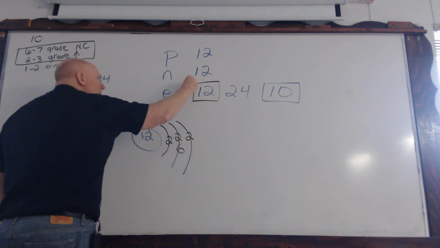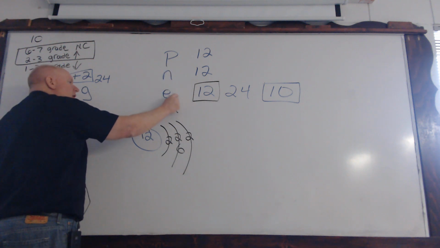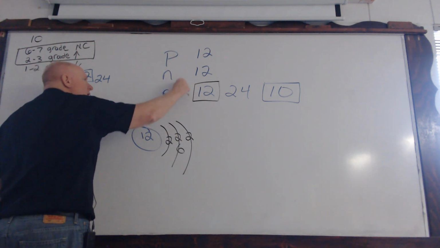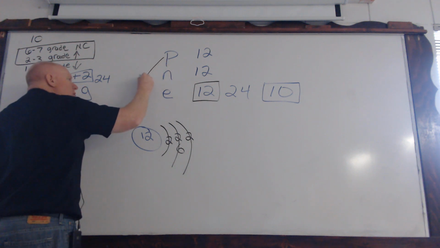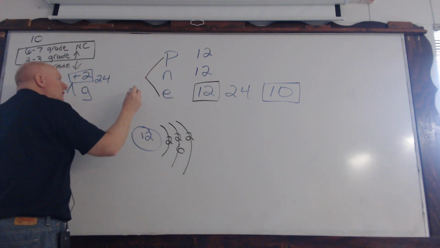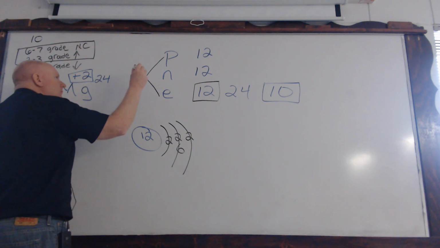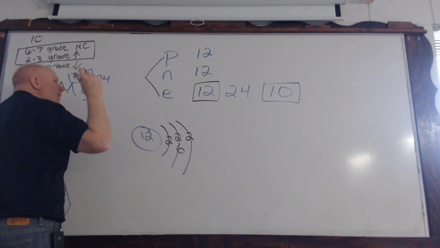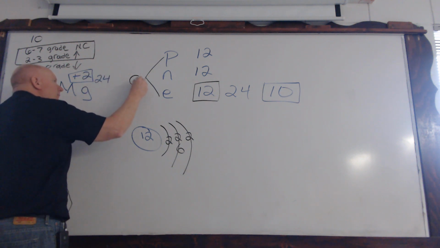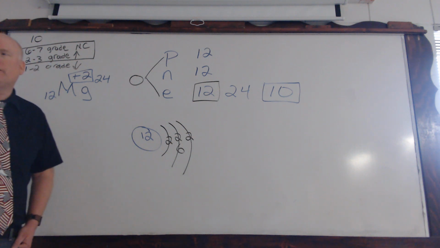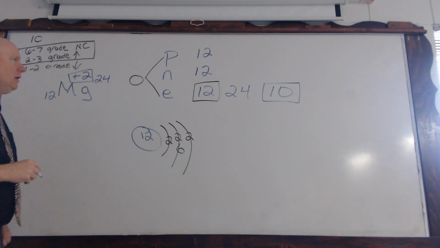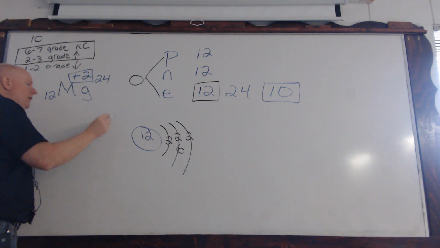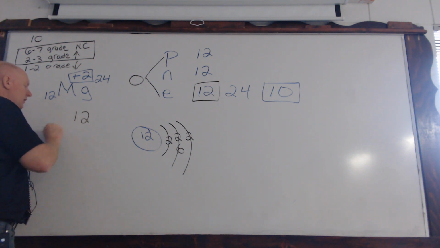That means that the negative charges have canceled out the positive charges, which means you add those two numbers together and you would get what? Zero. Because inside there are 12 positive charges.